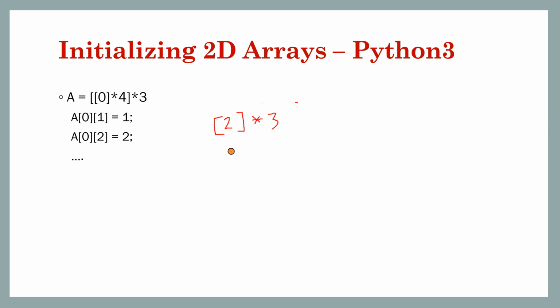What it does is create a list of 3 elements, and each of these values is 2. So if you want to repeat the same value multiple times, in Python you write like this.